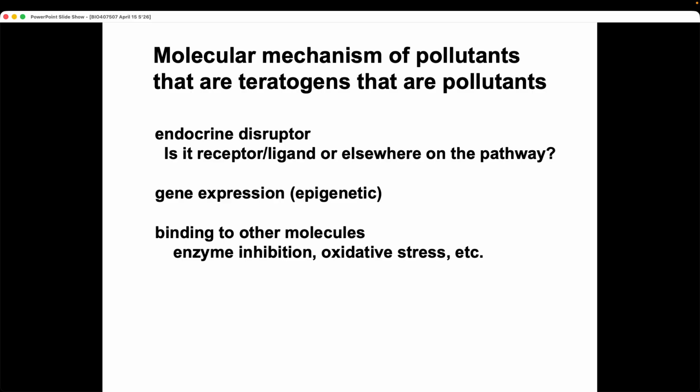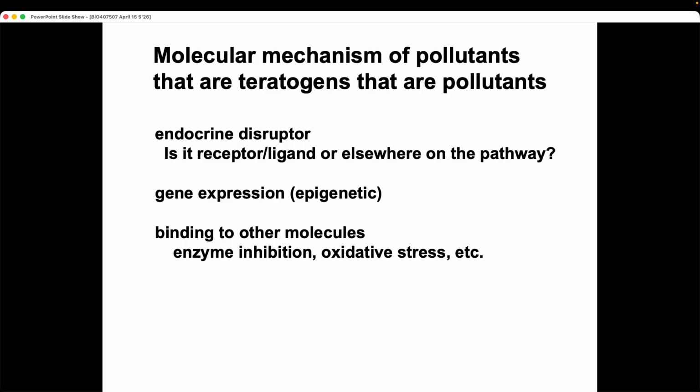Some of them are endocrine disruptors, and back to that arsenic one, is it the receptor, the ligand, or is it something on the pathway that is the problem? Is it a problem in gene expression? Is it a problem binding to other molecules, so inhibiting an enzyme, or oxidative stress?